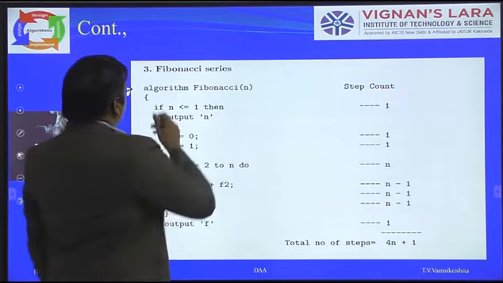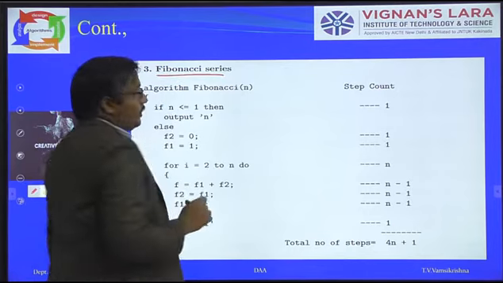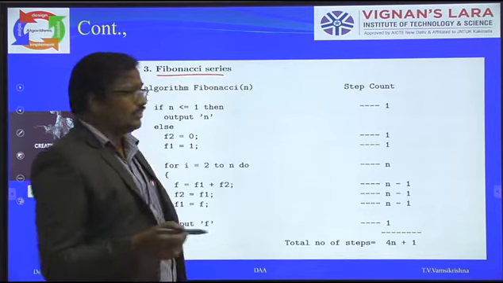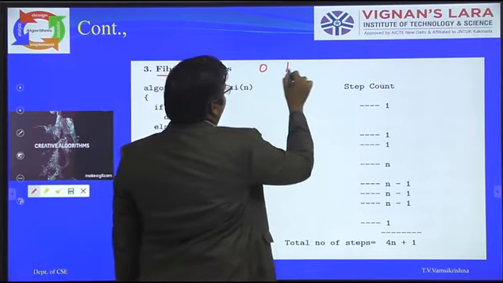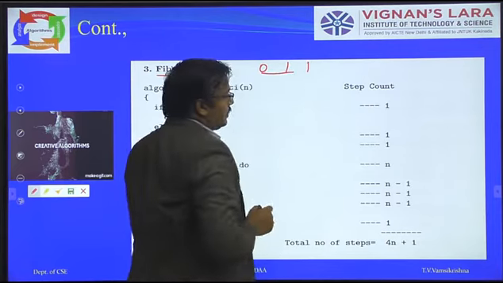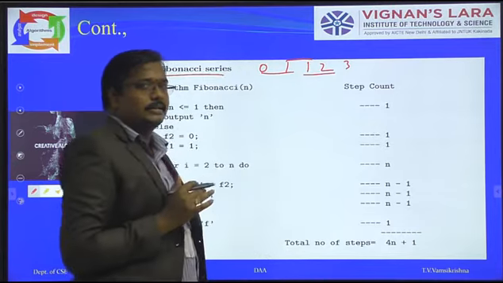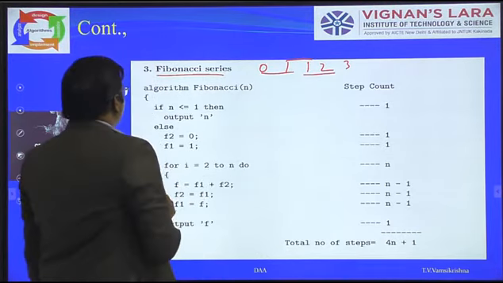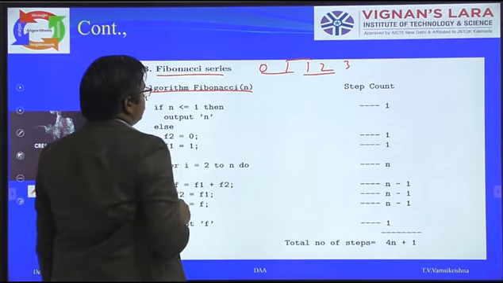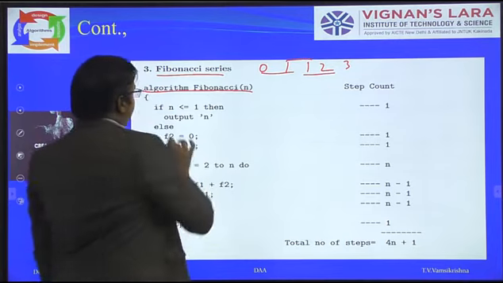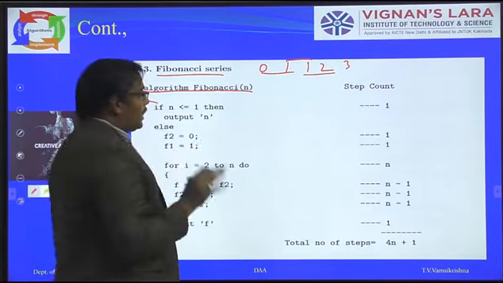Right. So this is the problem for the Fibonacci series. I think you know the Fibonacci series: 0, 1, then adding 0 plus 1 is 1, 1 plus 1 is 2, 1 plus 2 is 3, like that it generates the series. For this step, count is not assigned. For this step, count is not assigned.